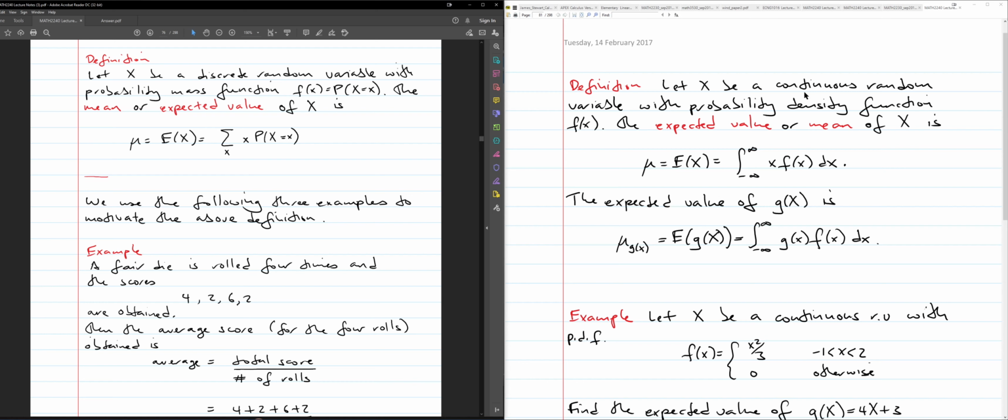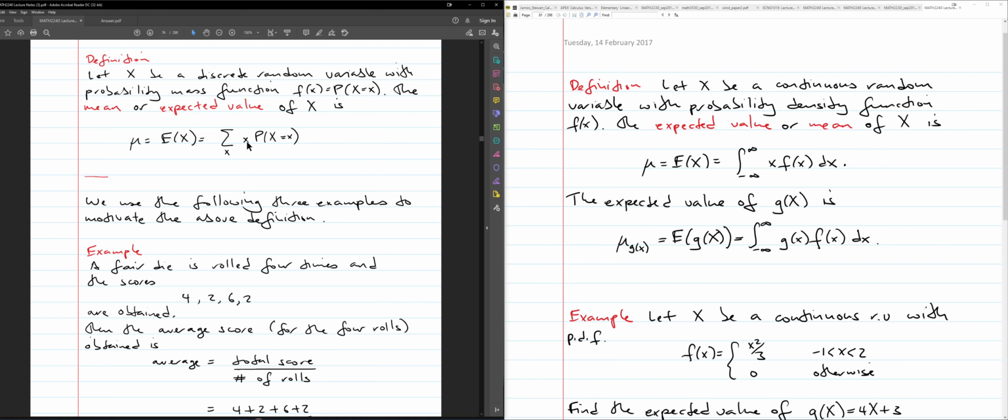In the case of a continuous random variable, you have an analogous formula. Here, in the discrete case, you're taking the value of x and multiplying it against the PMF corresponding to the small x.